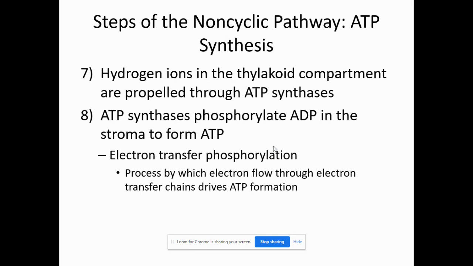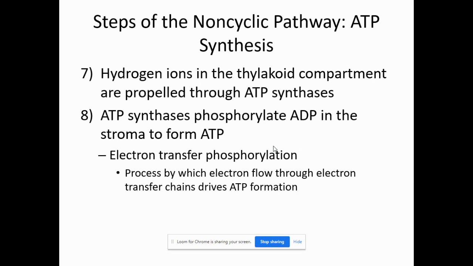So we talked about the formation of NADPH, but we haven't talked about the other major product of light-dependent reactions, and that's ATP. Okay? All right, and if you also remember, electron transfer chains are involved in the photosystems, creating a gradient of hydrogen ions being moved against their concentration gradient. How are they being moved against their concentration gradient?